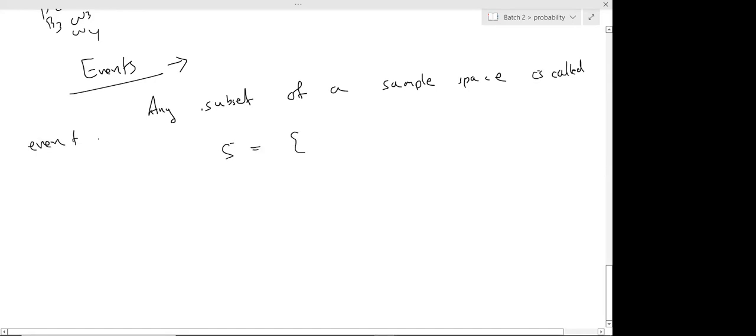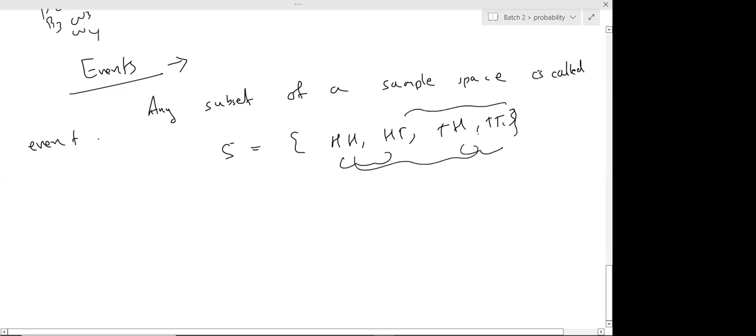Take that example of 2 coins: HH, HT, TH, and TT. So an event can be any subset. I hope you remember from sets. You can take these two, these three, or any.